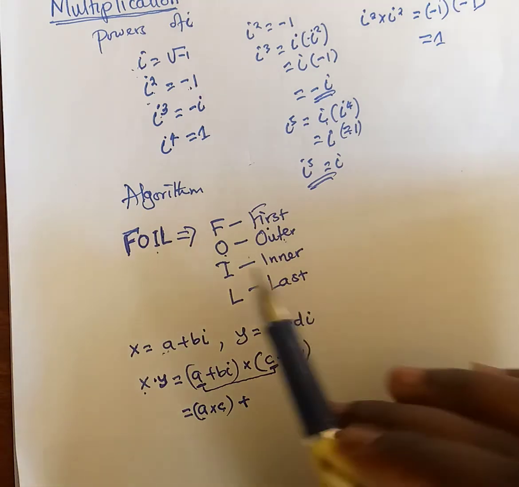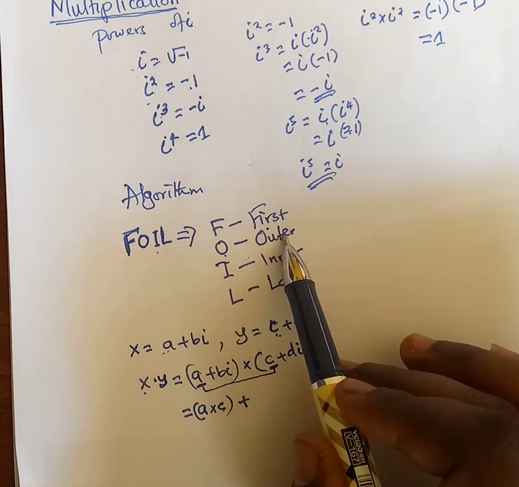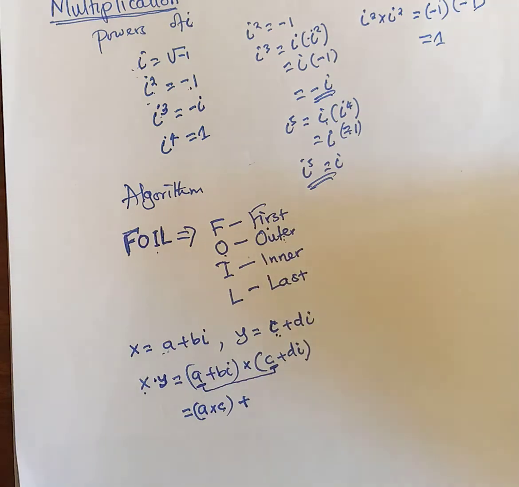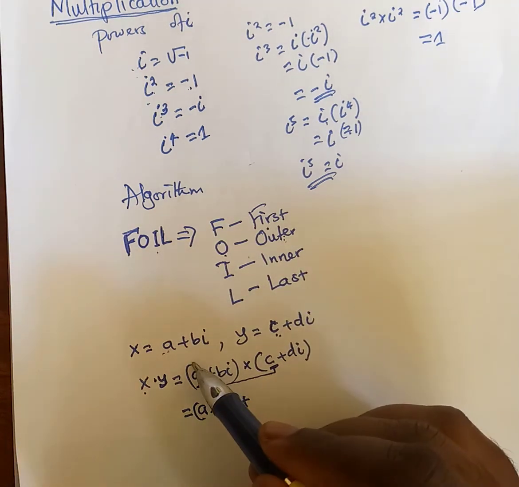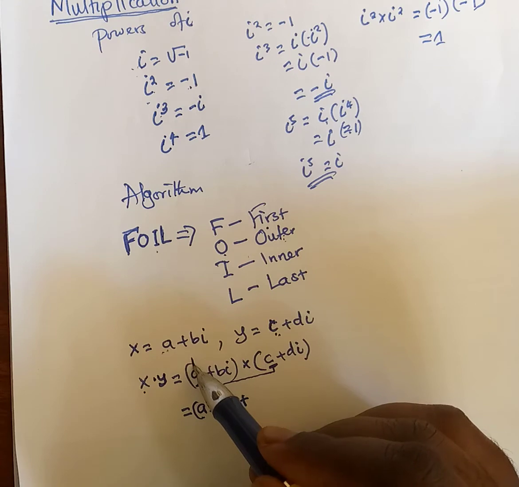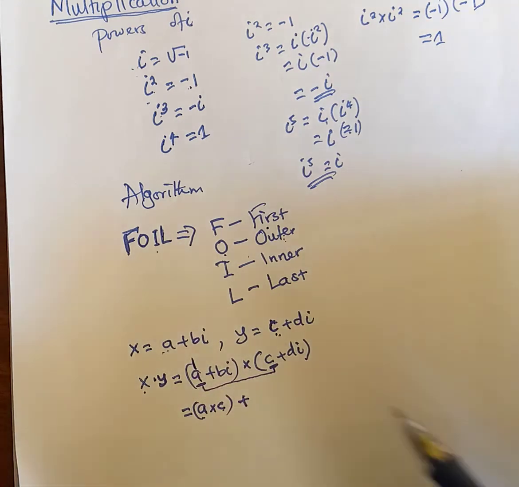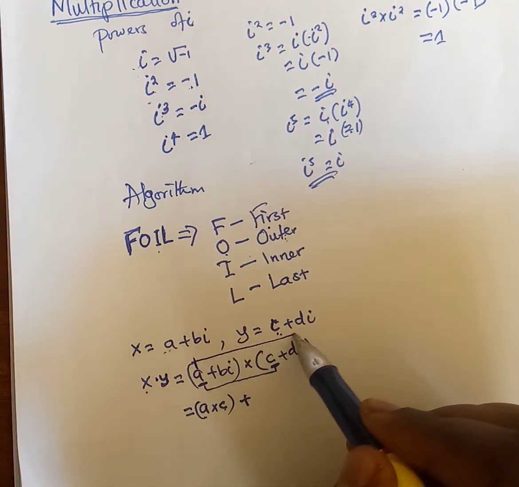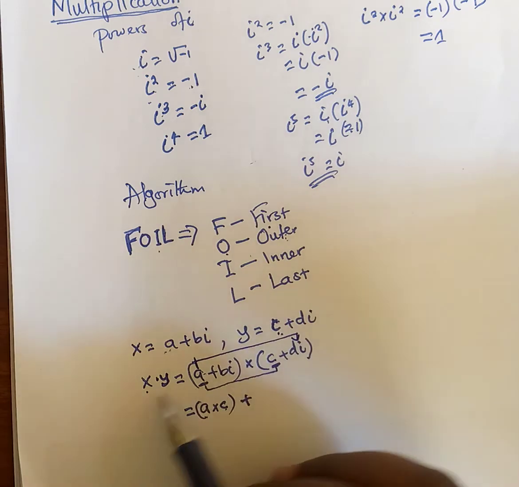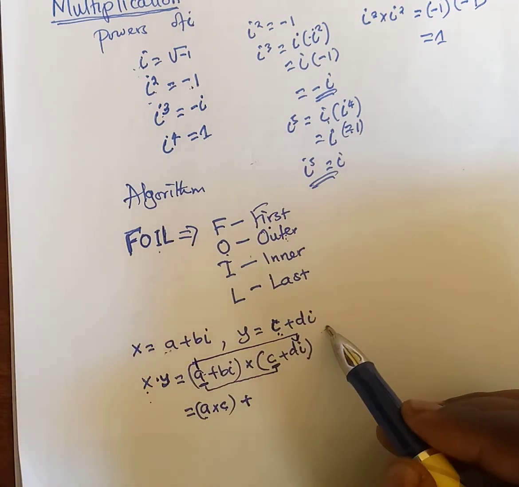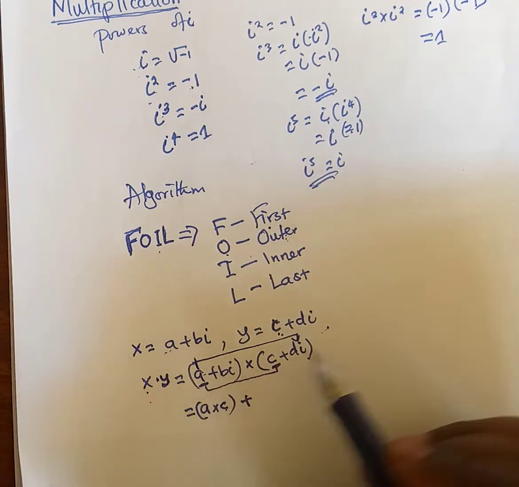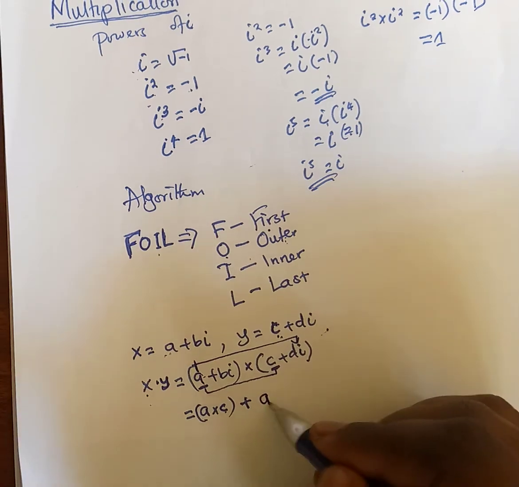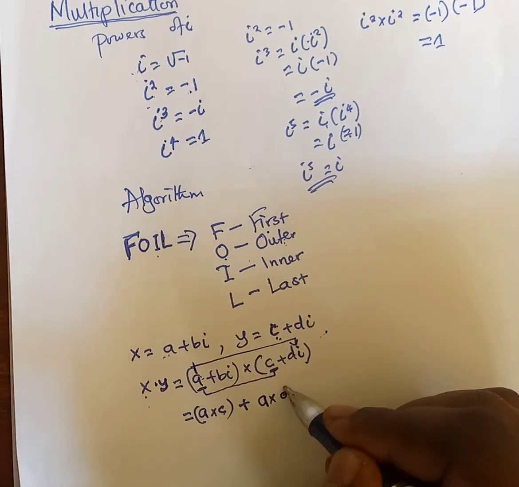Then the second is the outer terms, the farthest from each other. The outer term for x is a, and for y it is di. So I'll have a times di.